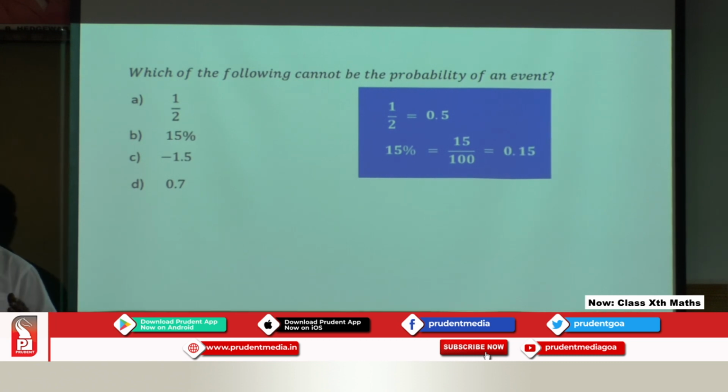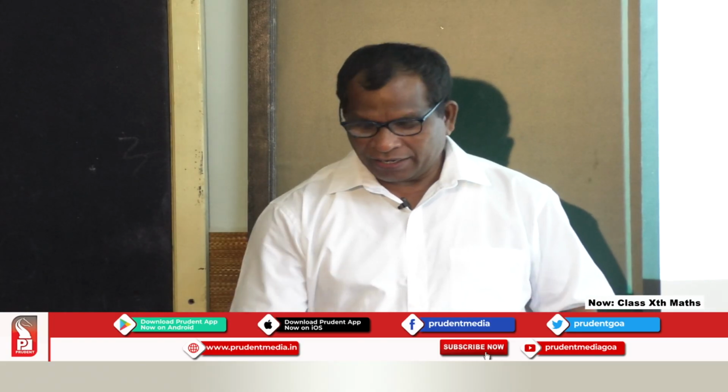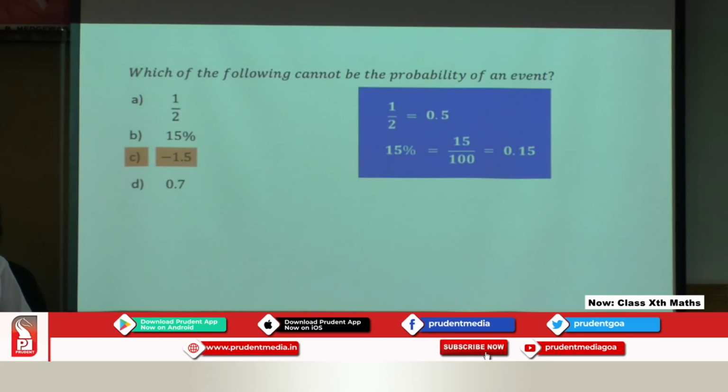That is also a valid probability. 0.7 is also a valid probability as it lies between 0 and 1. And what about negative 1.5? It cannot be the probability of any event. And hence, the correct option is C.